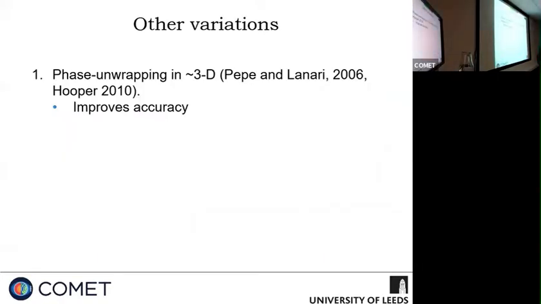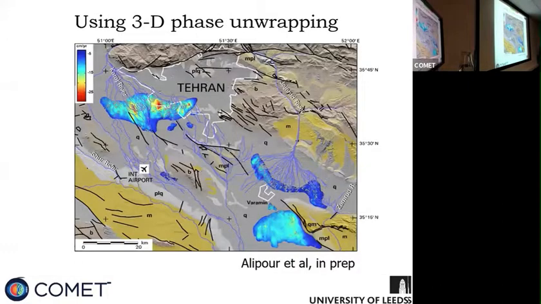There are some variations to this. You can make it a bit more complicated by using 3D phase unwrapping instead of 2D phase unwrapping, which gives a bit more accuracy. Here is an example around Tehran, where there are lots of groundwater wells in the area, causing significant subsidence.